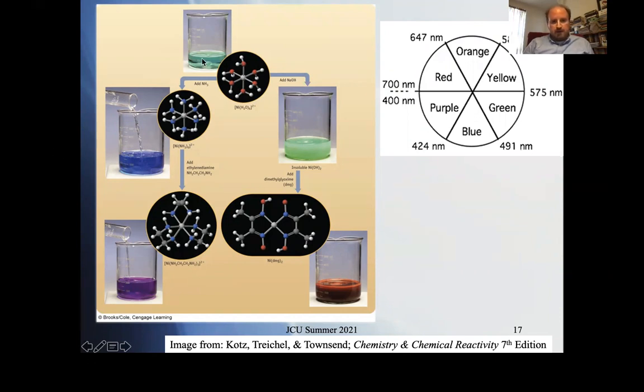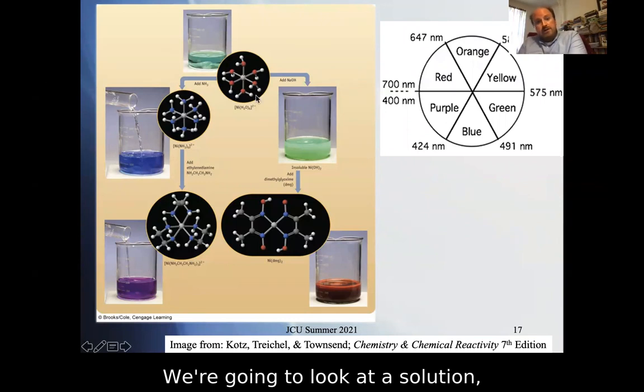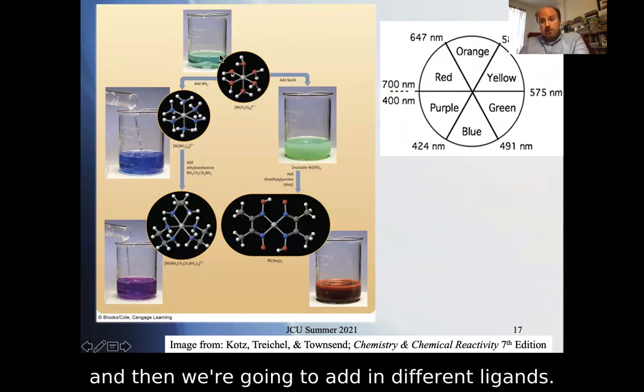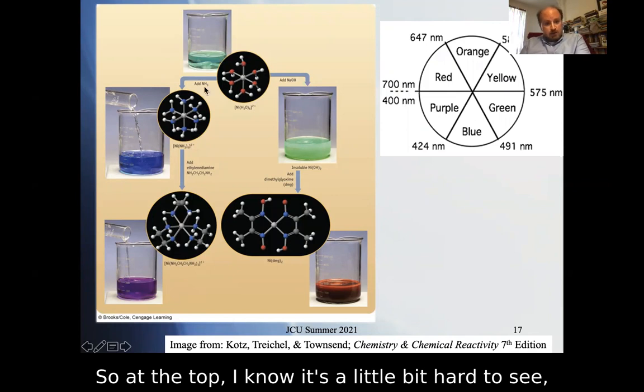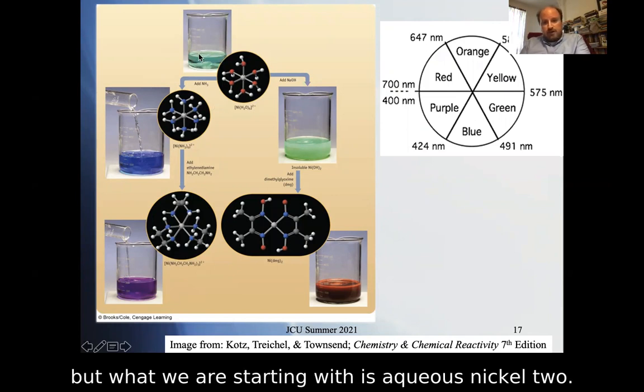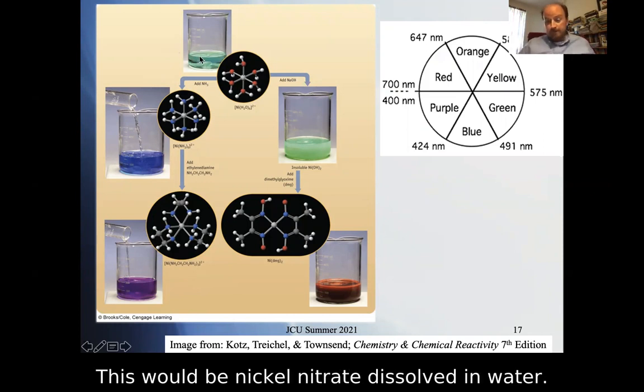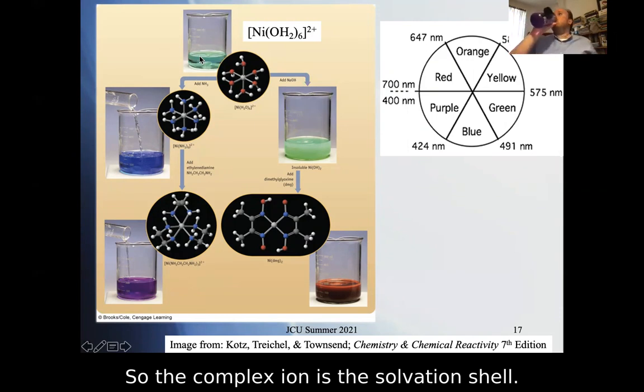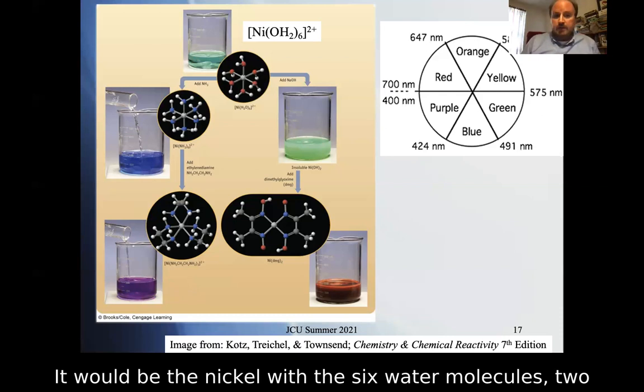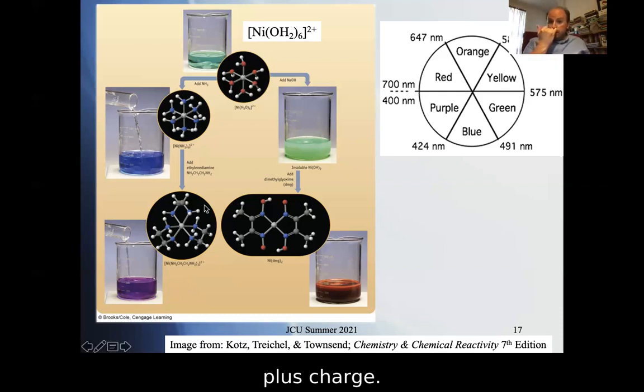We're going to look at a solution, and then we're going to add in different ligands. At the top, I know it's a little bit hard to see, but what we are starting with is aqueous nickel 2. This would be nickel nitrate dissolved in water. So the complex ion is the solvation shell. It would be the nickel with the 6 water molecules, 2+ charge.